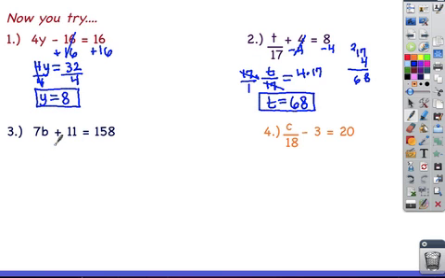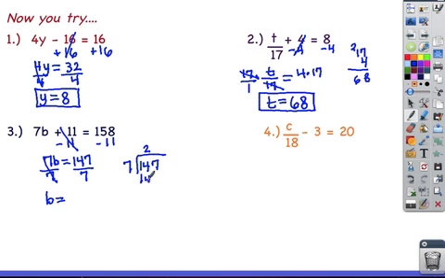Number 3, we subtract 11 from both sides. Divide both sides by 7. And we get that b equals 21. And number 4, we add 3 to both sides.